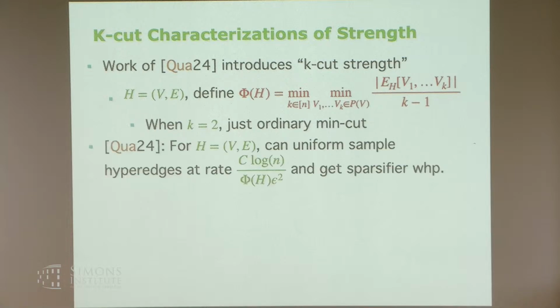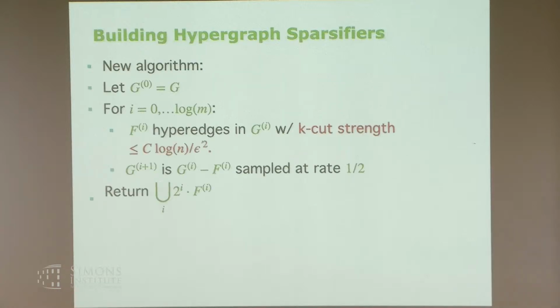And Kent's work showed that given a hypergraph H, and given this parameter phi, you actually can uniformly sample hyperedges at rate basically 1 over this parameter phi, while still getting a cut sparsifier with high probability. So a very natural algorithm then is to define the hypergraph G, that's what we're starting with.